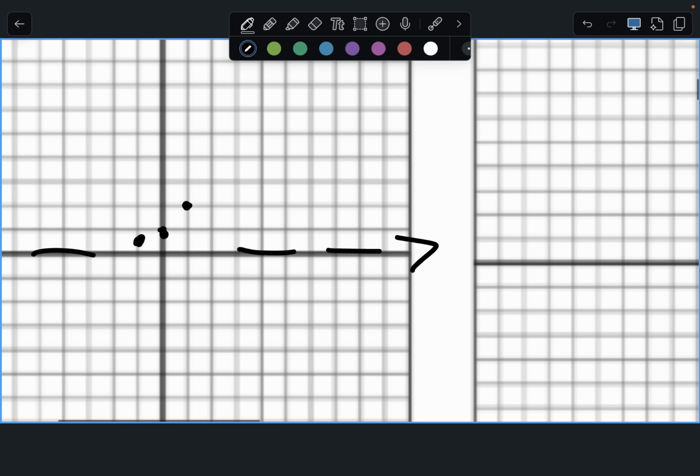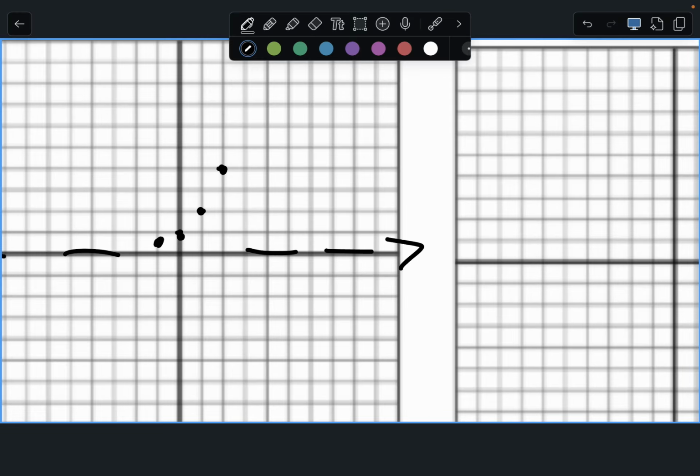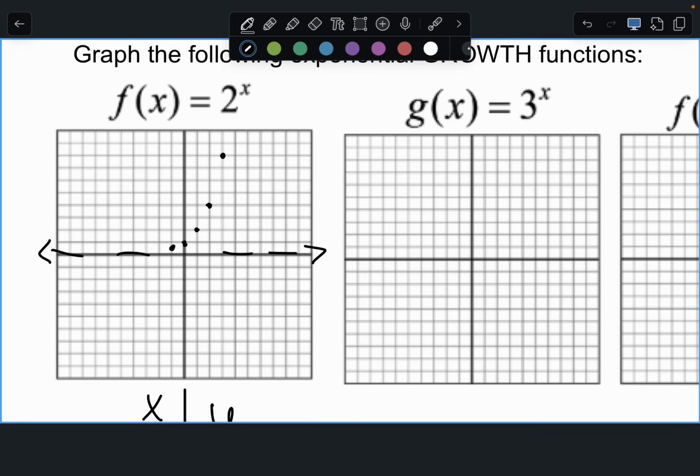And you could do a little bit more if you wanted. 2, 4 would be a point. 2 to the second is 4. And then 2 to the third is 8. So you could do a little bit more if you wanted. But 3 is fine for me. Okay. Connect your points with a smooth curve, getting closer and closer to that dashed line.